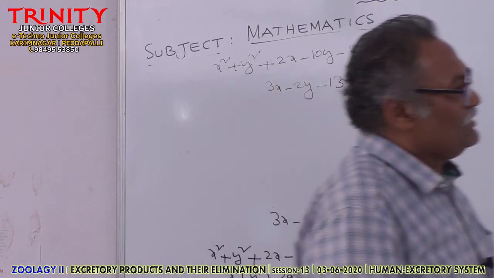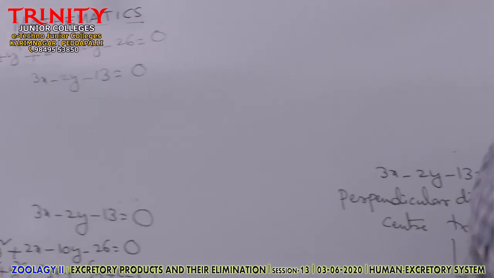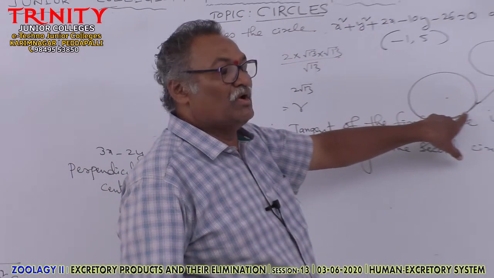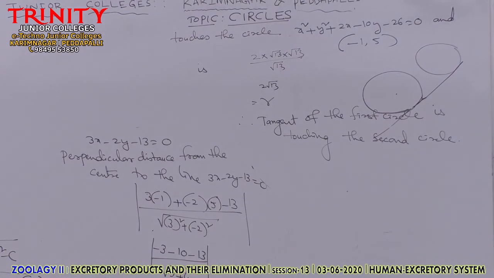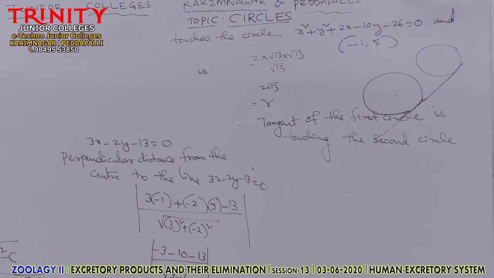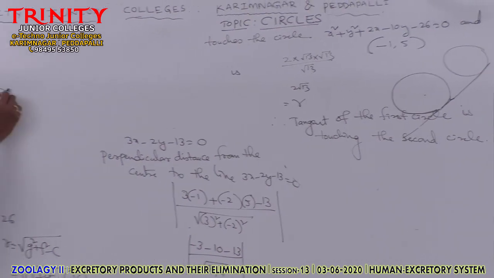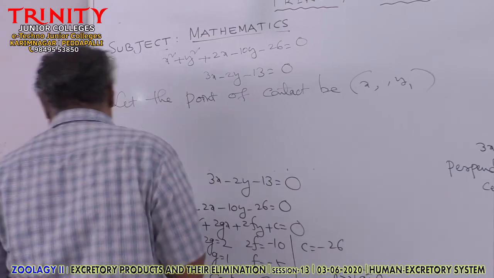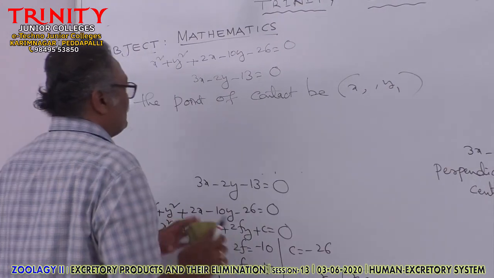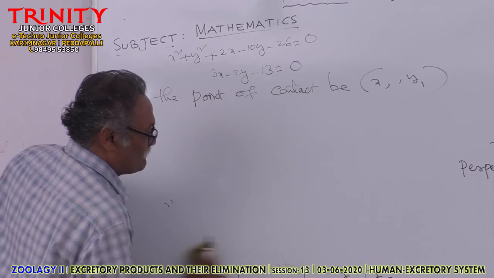Now we have to find the coordinates of the point of contact. Let the point of contact be x1 comma y1.